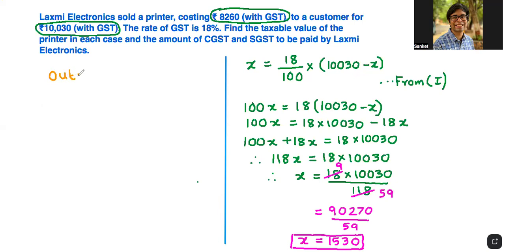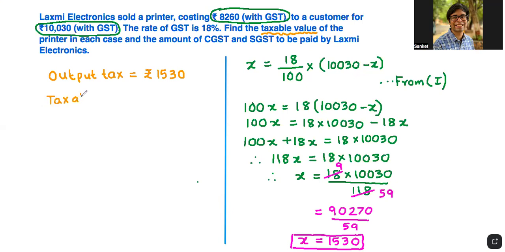So I have got that my output tax is rupees 1530. I need to find the taxable value also, because the question tells me to find taxable value.